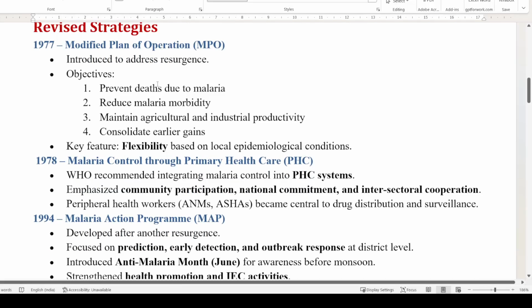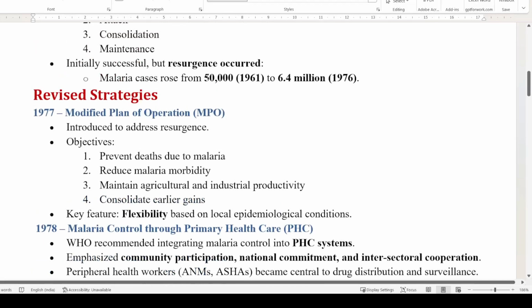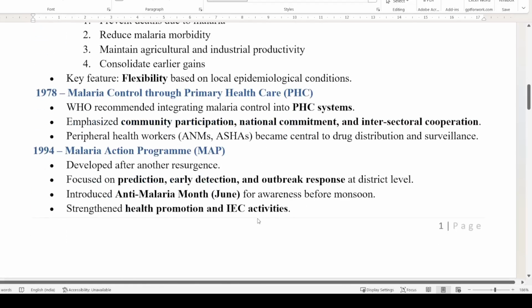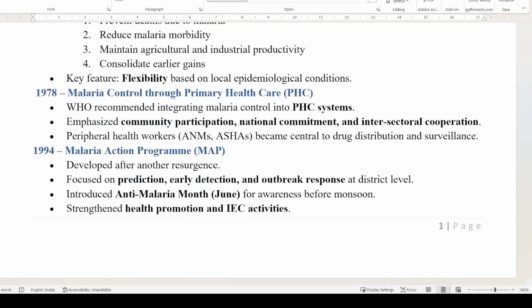It was particularly to address resurgence, why the cases moved up from 50,000 to multiple fold, 6.4 million. Objectives were to prevent deaths, to reduce morbidity from malaria, to maintain agricultural and industrial productivity, and consolidate earlier gains. The key feature was flexibility, based on local epidemiological conditions.